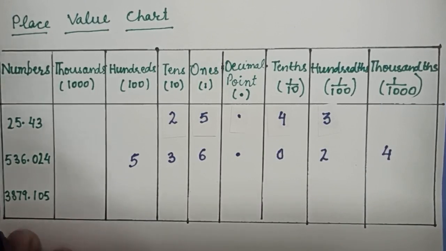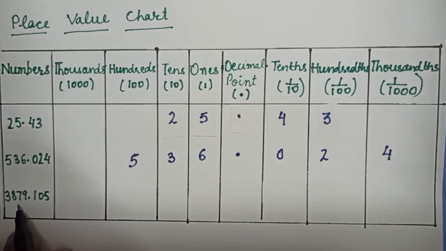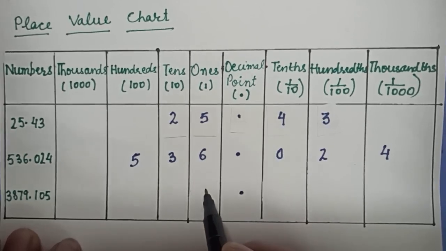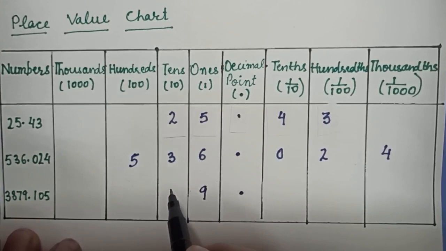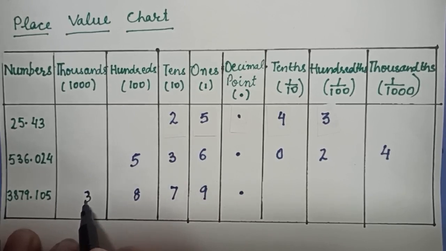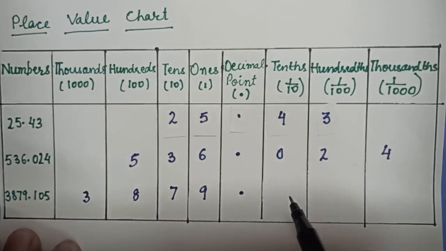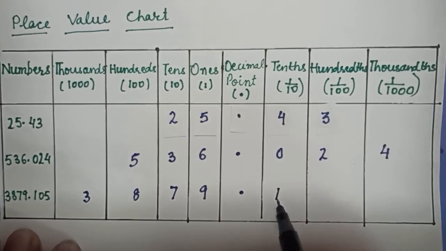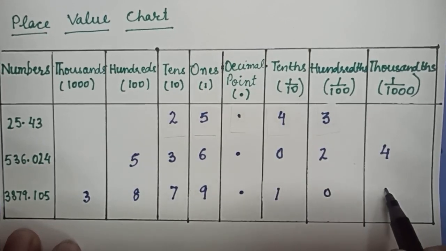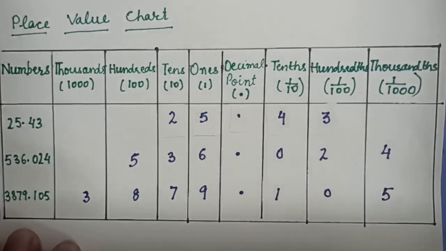Third example, 3879.105. Here decimal below decimal, 9 at ones place, 7 at tens place, 8 at hundreds place, and 3 at thousands place. Same way 1 at tenths place, 0 at hundredths place and 5 at thousandths place.